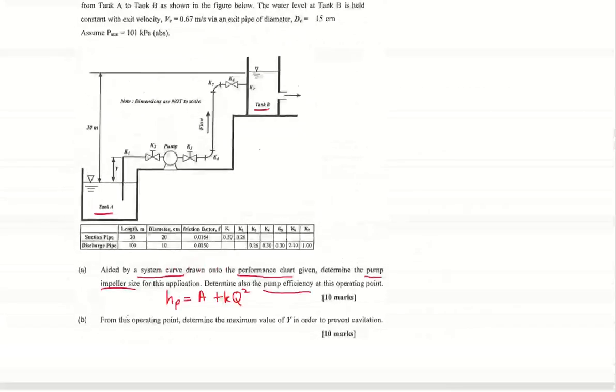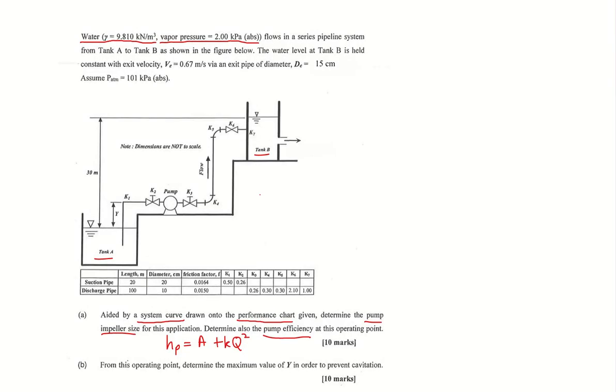times Q squared. So to get this equation, you can apply the steady flow energy equation. In the steady flow energy equation, we have to have 2 points.